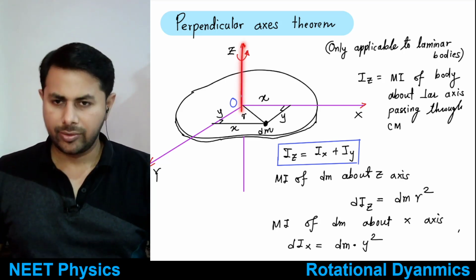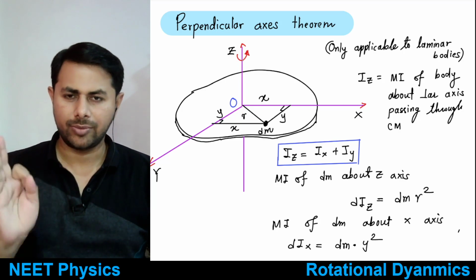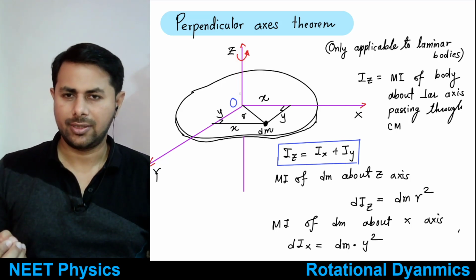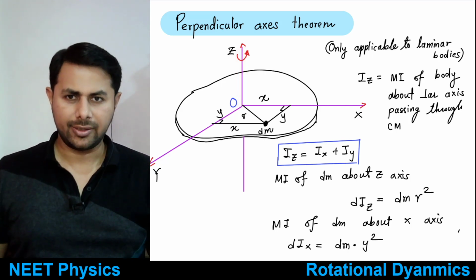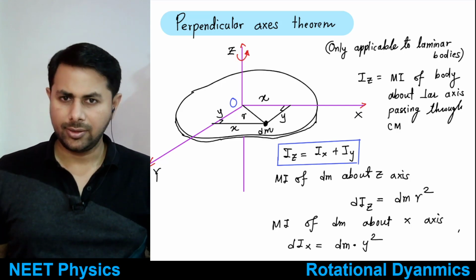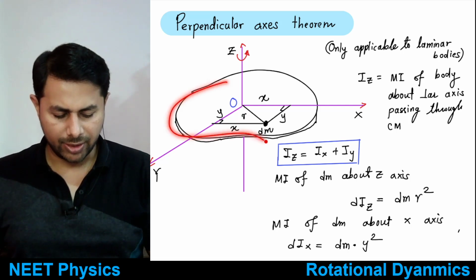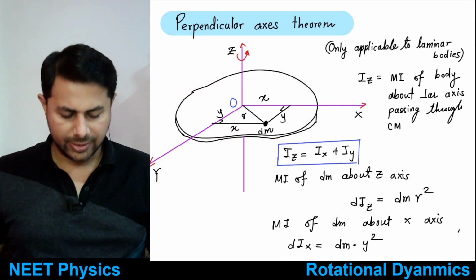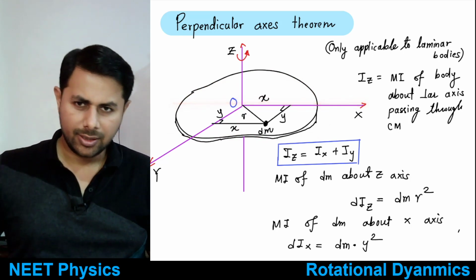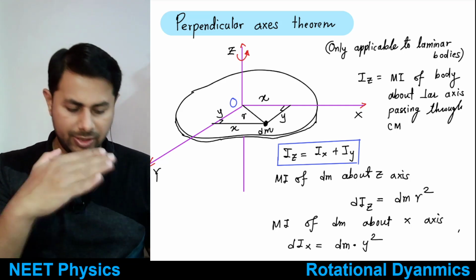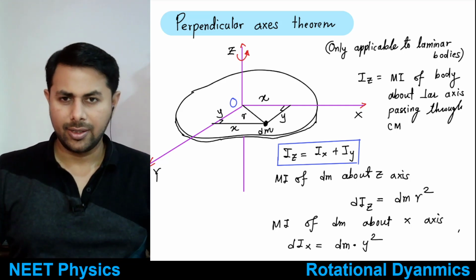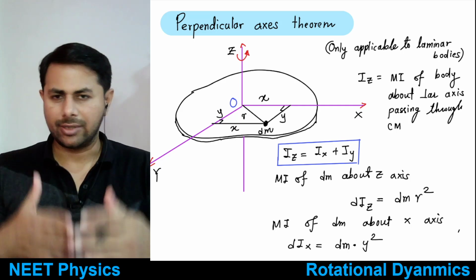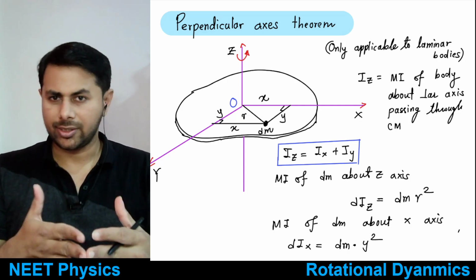So what do you know? You know the moment of inertia of the body about an axis which passes through its center of mass and which is perpendicular to its plane. Then you can find out the moment of inertia of the body about axes which lie in the plane of the body, and those two axes also pass through the center of mass and they are perpendicular to each other, right?